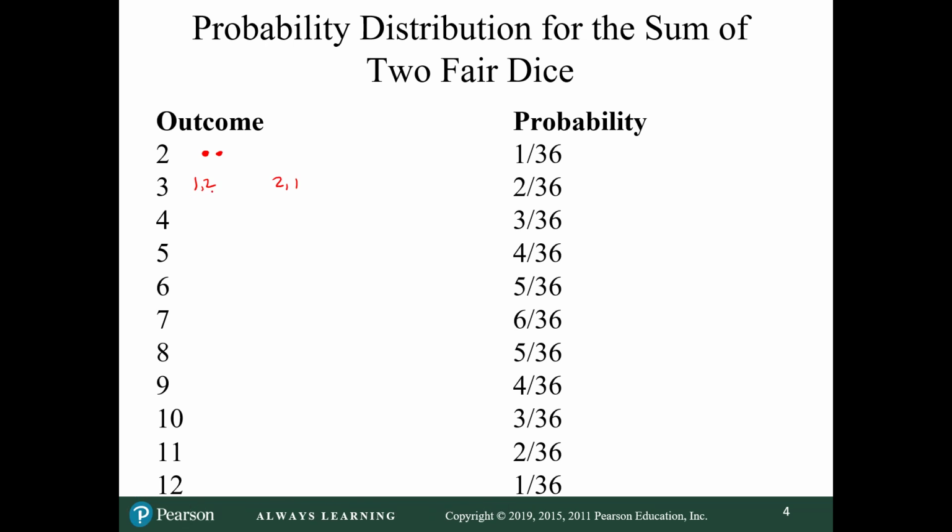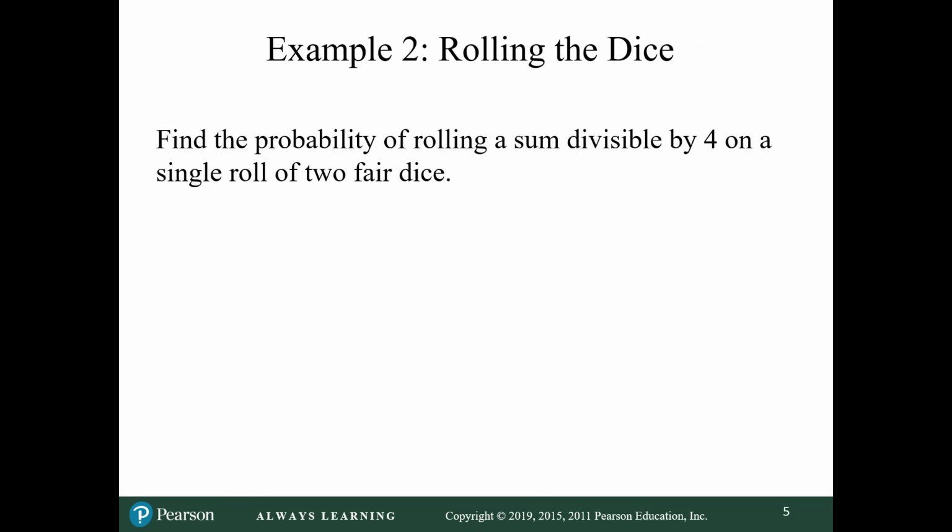The red could be 1, blue 2, or red 2, blue 1. To get a 4, you could roll a 1 and a 3, a 2 and a 2, or a 3 and a 1, and so on. So there's 3 ways. These are all the probabilities of rolling those outcomes, and we can write it out.